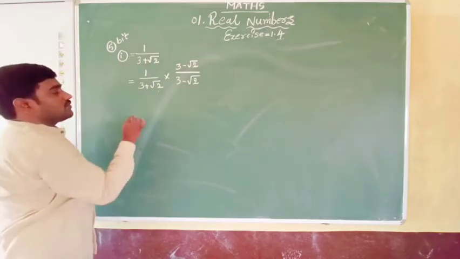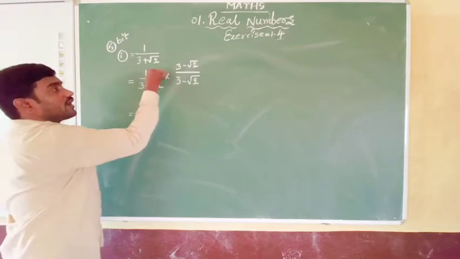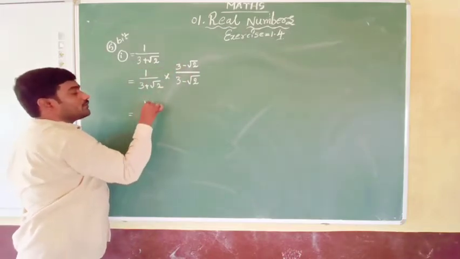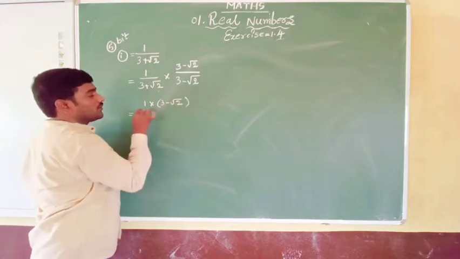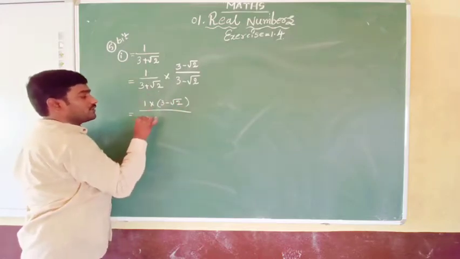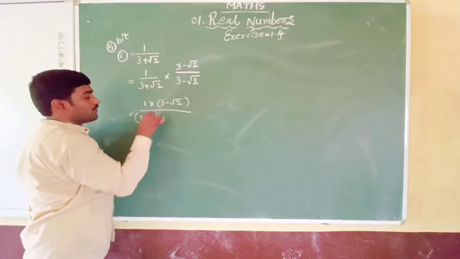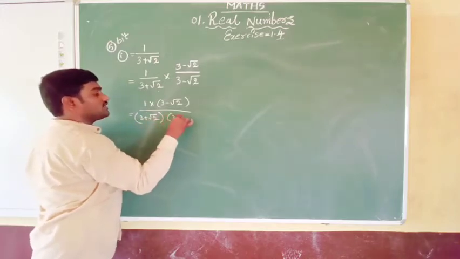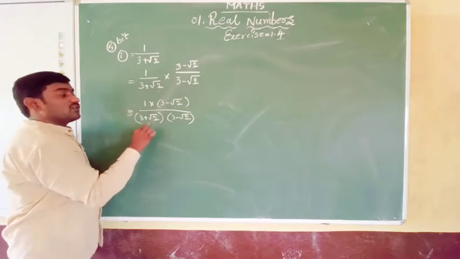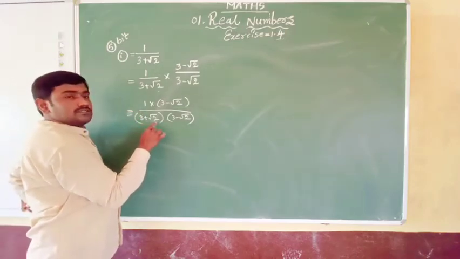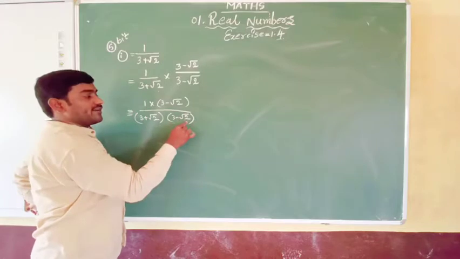What we have in the before step, we need to multiply both. 1 into 3 minus root 2 by 3 plus root 2 into 3 minus root 2. If you see clearly here, now it is in the form of a plus root b and a minus root b.